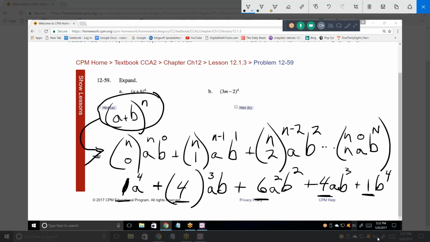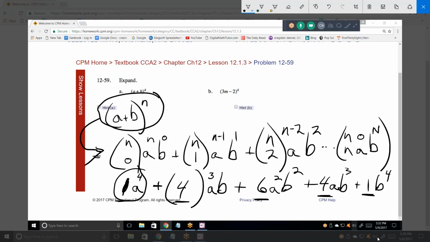So let's expand this one. So what's 1a to the 4th? Just 1a to the 4th.